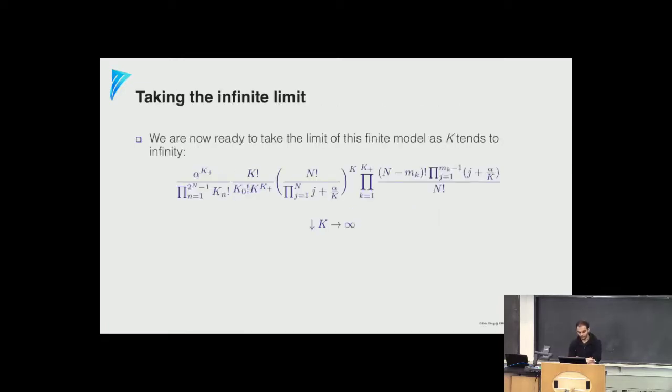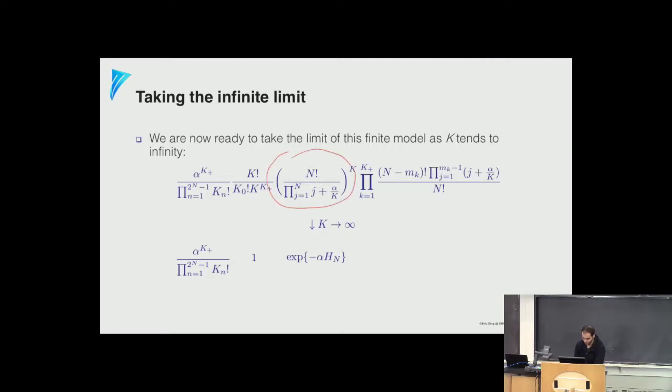And then after that, we can take the limit. We can take the limit of k and let it go to infinity, and see what this probability distribution would look like. So this is the expression from the previous slides, and then we just take k to infinity. We'll just copy over the terms. This term will stay the same. The next term will turn into 1.